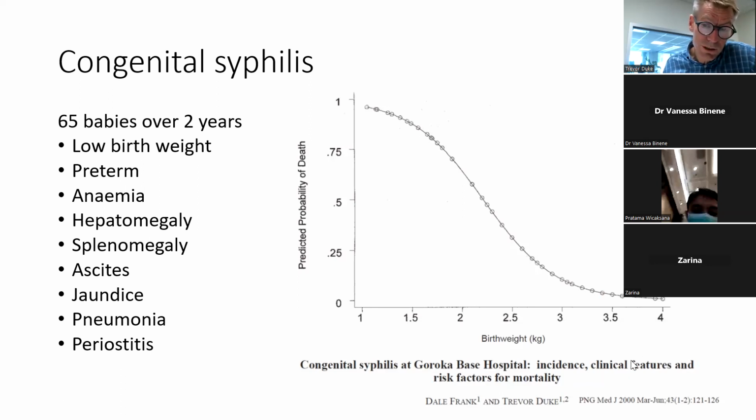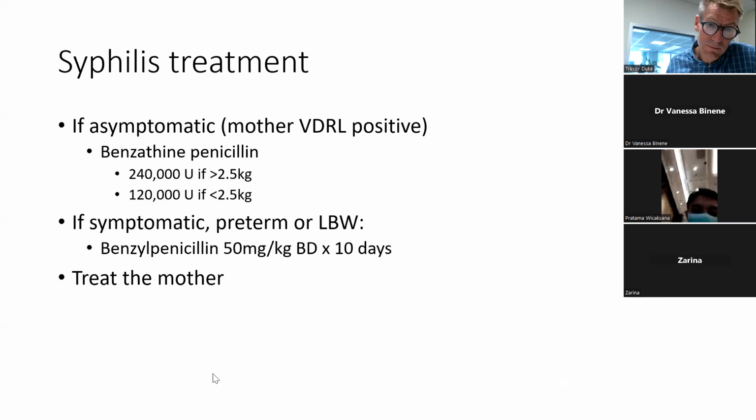The most important risk factor for mortality in these babies, many of whom died, was low birth weight. If they were born at a normal birth weight, then their risk of mortality wasn't very high, but if they were born low birth weight, then their risk of mortality was extremely high.